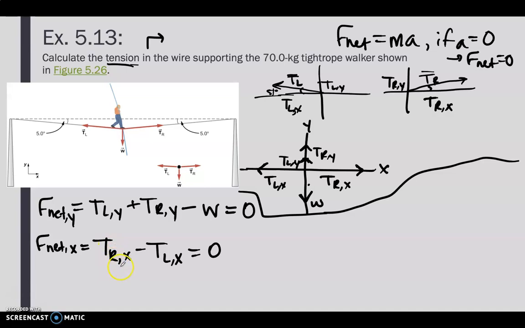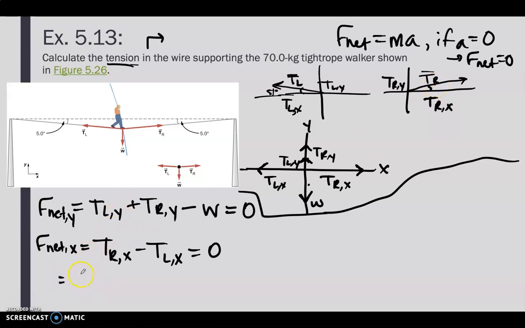So our TR sub x is going to be equal to the adjacent over the hypotenuse, so that's going to be cosine, right?